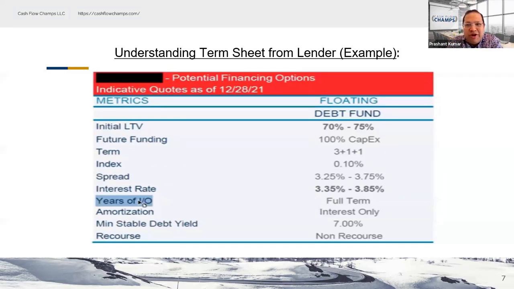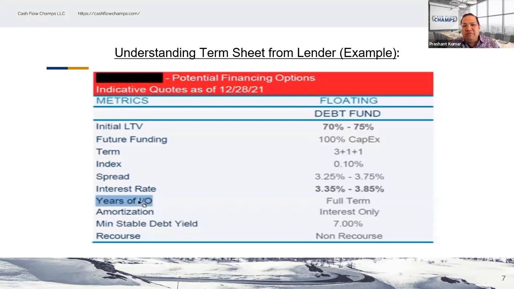So that's eight point two to 8.7 in that range, right? So this is an indication from a broker, right?